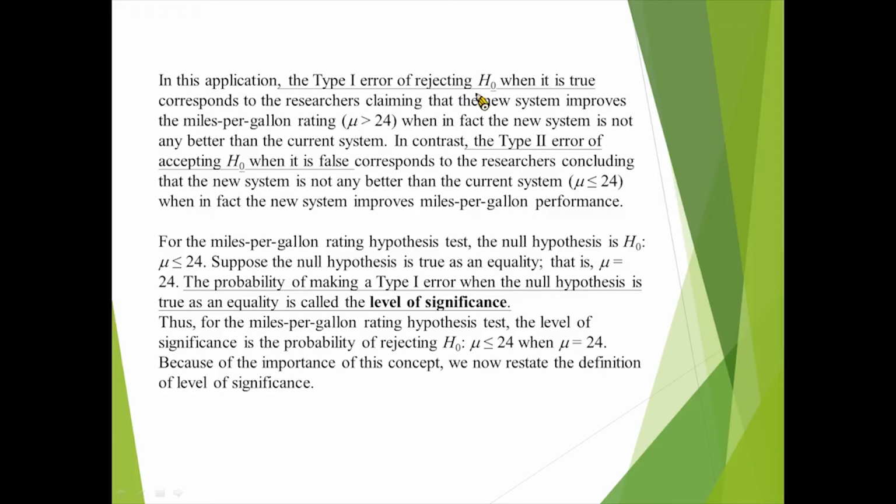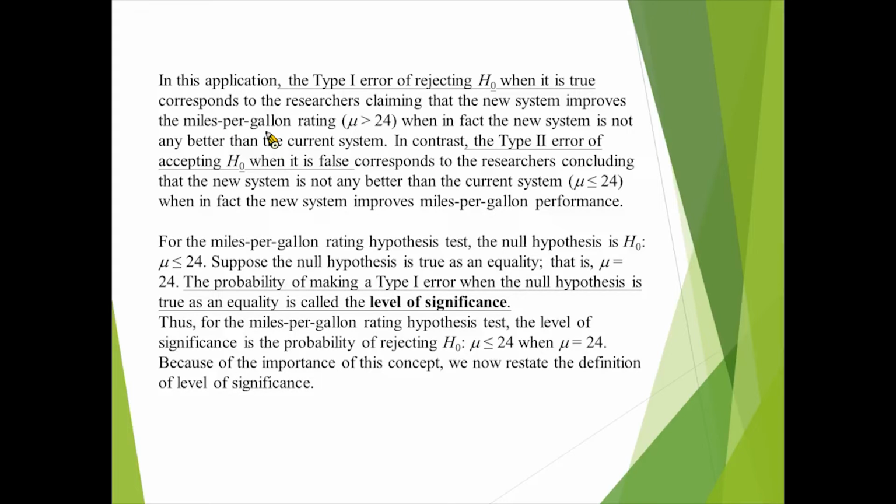We reject H0 when it's true. So the corresponding researcher claim is that the new system improved the miles per gallon, mu larger than 24, when in fact the new system is not any better than the current system. So we can see this is the type 1 error.